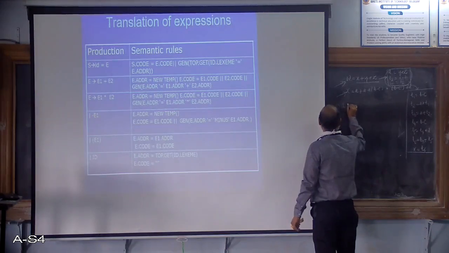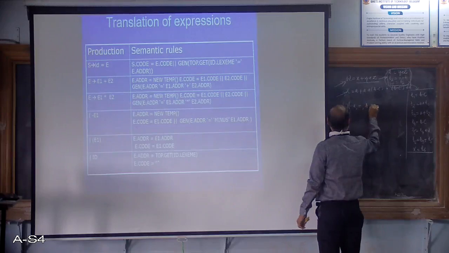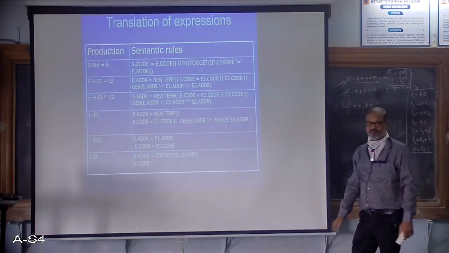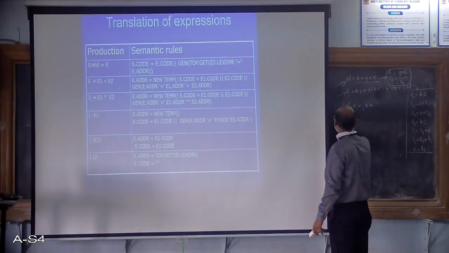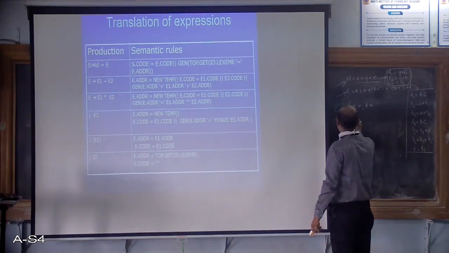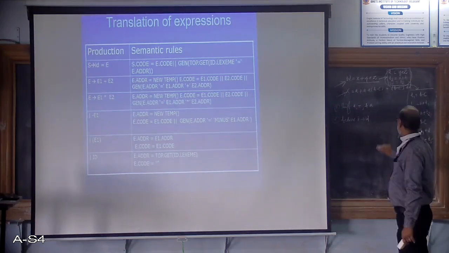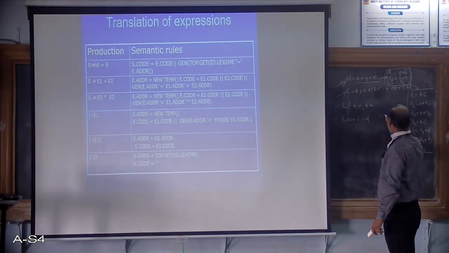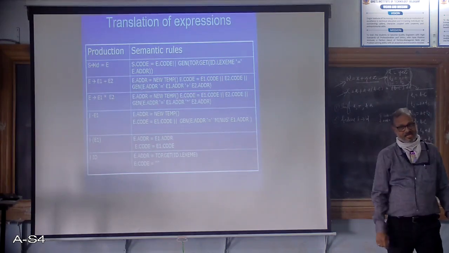So what are the actions? Again, shift X equal and A. The next action is reduce with a production E derives ID. Here no code is generated, E dot code equal to null, and E dot address equal to the instance of an ID which is A here.